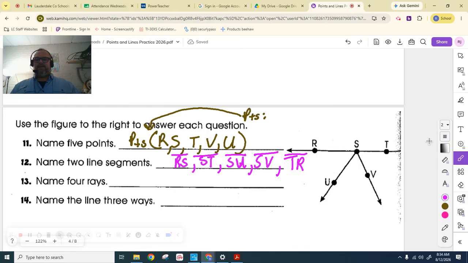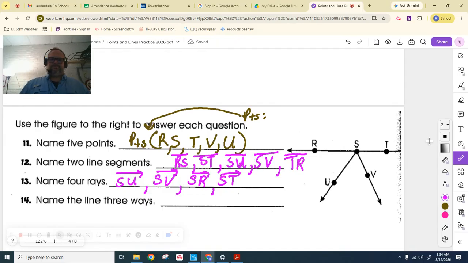All right. So name 4 rays. Again, there's a lot.